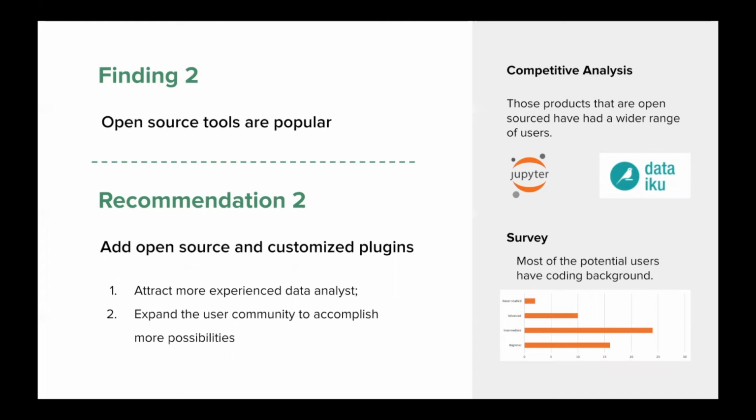At the same time, most users in the survey replied that they have coding skills, and more than half of them are at an above average level. Based on these, we recommended that Ex Machina add open source and customized plugins with support for learning and sharing communities. With this, it can attract more experienced data analysts and expand the user community to accomplish more possibilities.